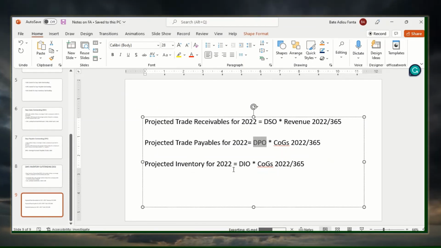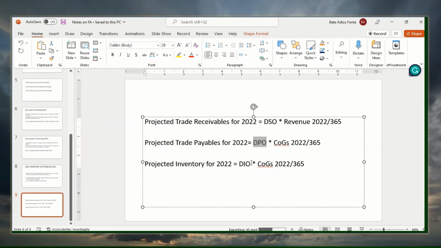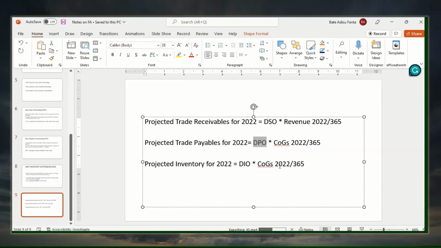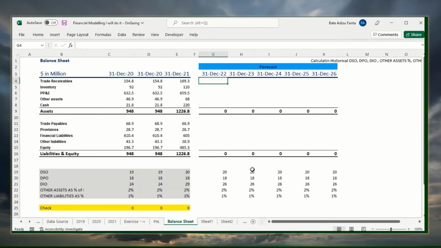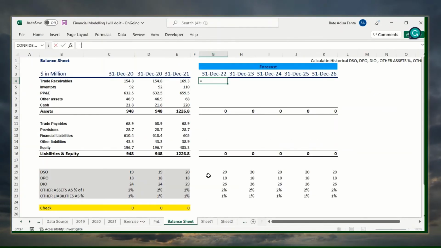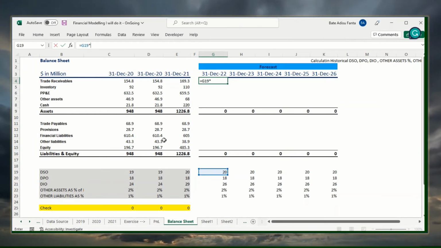Coming to inventory, we take DIO, which we have calculated by taking average, and then we multiply it by COGS in that particular year, and this is also from PnL statement, and then we divide by 365. Now let's go to our formula. Equal sign, I take DCO, and then I multiply it by revenue in 2022.